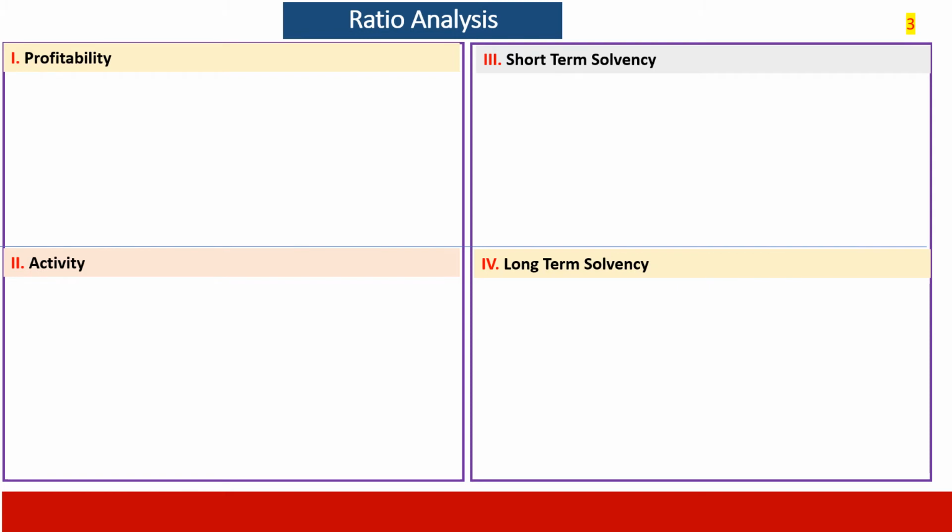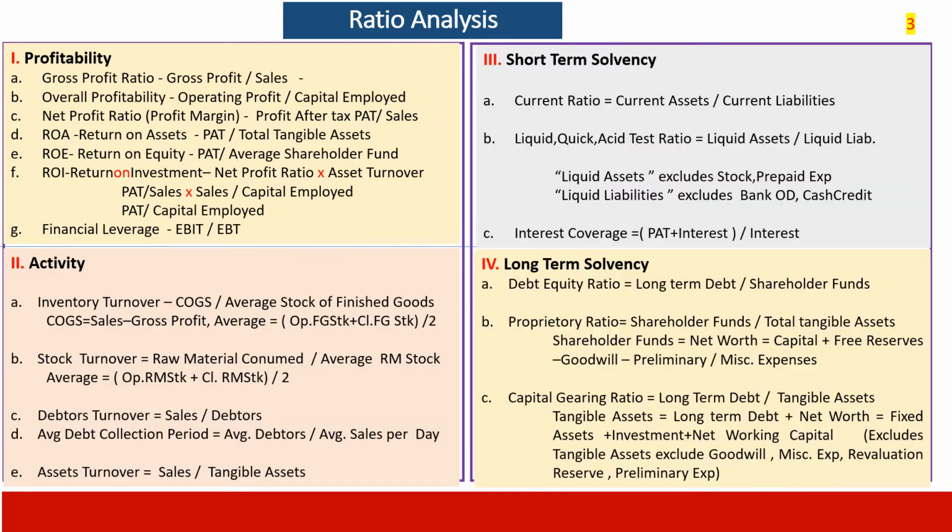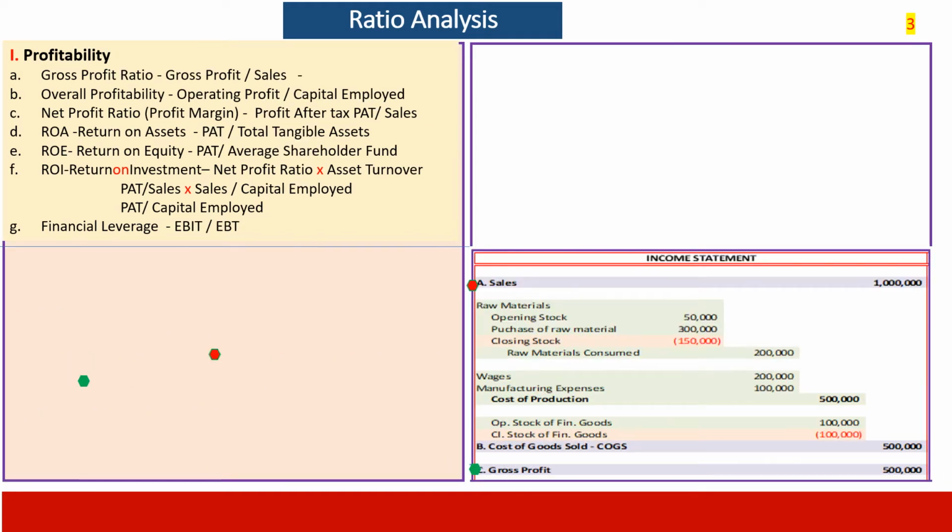Taking cue from those two statements, we can analyze each of the ratios individually and understand from them what they comprise, what they convey, and how they have to be derived. Let us get going. These are the four types of ratios which are listed out. For our analysis, we will first take the profitability ratios.